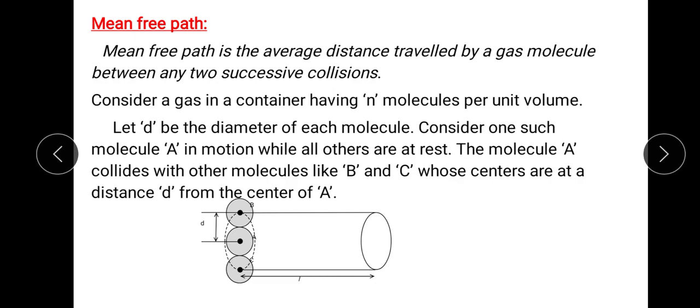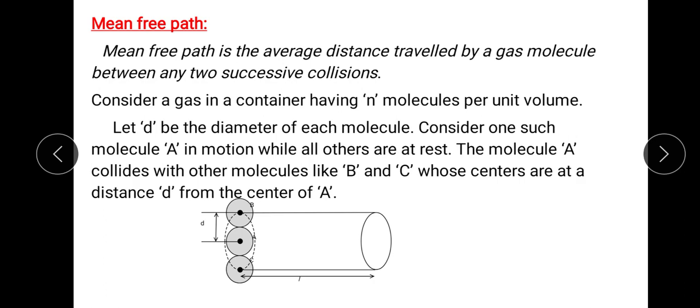Fine. So now the last concept is mean free path. What do we mean by this? We know that in a gas, the molecules are under random motion. While moving, if a molecule undergoes a collision with one molecule, then in order to undergo the next collision, it moves a certain distance.